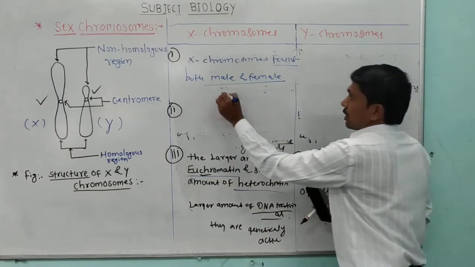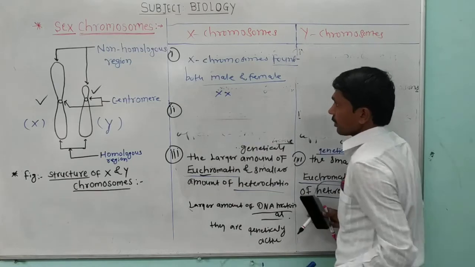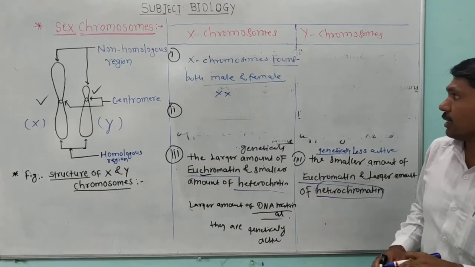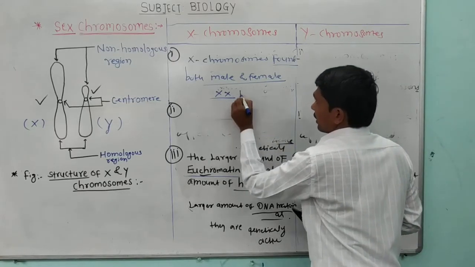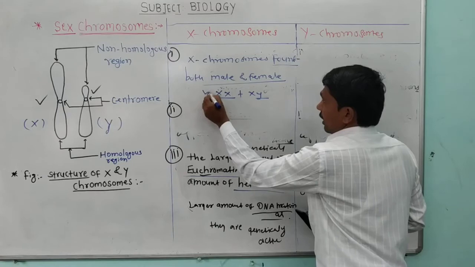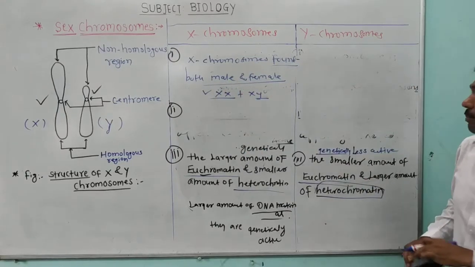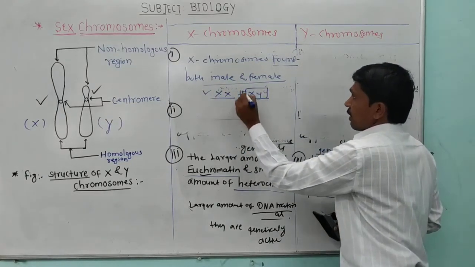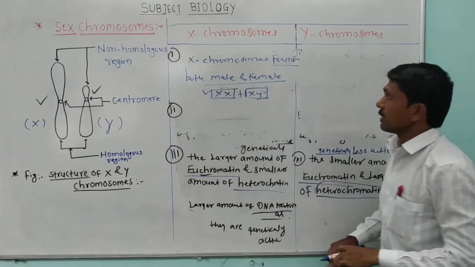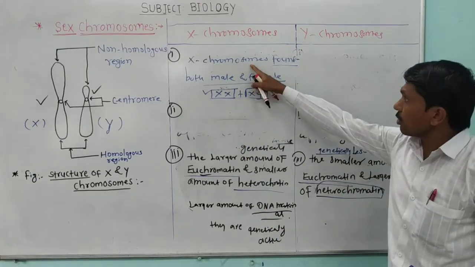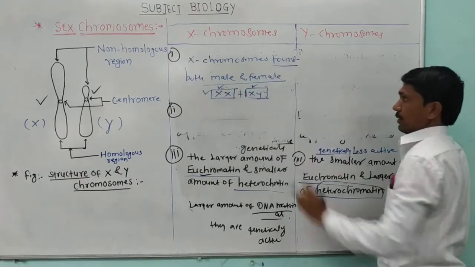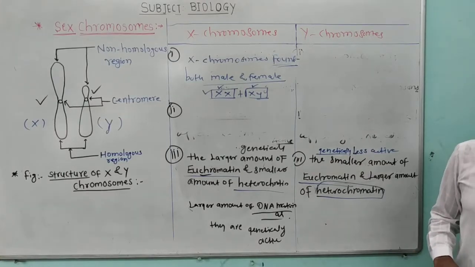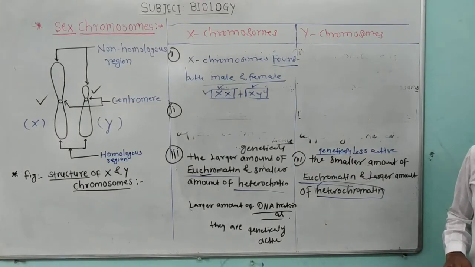For example, for the 23rd pair, a female human being has the XX character, and a male has the XY character. So the X chromosome is found in both the female and the male. In both the parents, male and female, the X chromosome is present.